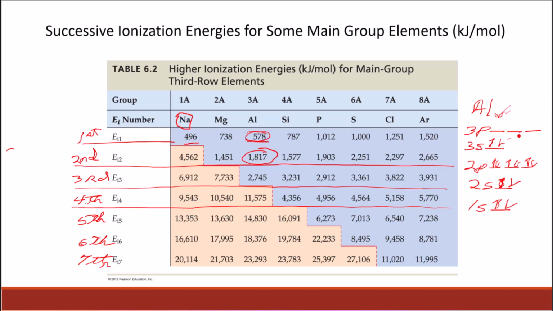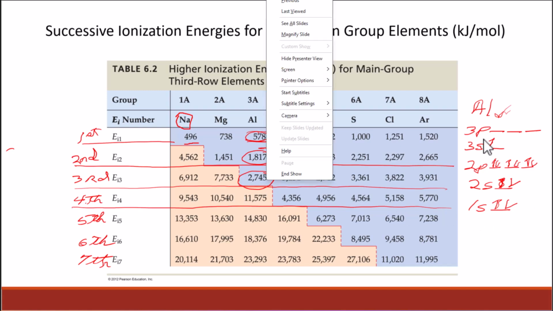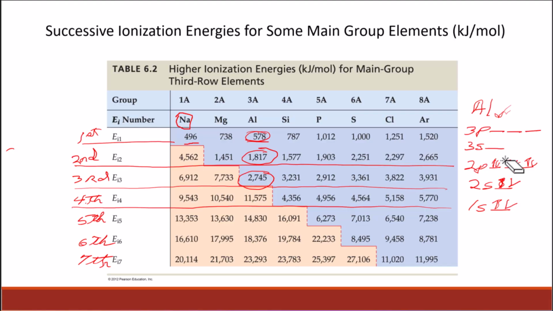But let's go ahead and remove one more electron from aluminum. And when we do that, now it's got that one electron left. And to remove that, remember, you've got 13 protons in the nucleus with aluminum. And so when we remove the third electron, it takes even more energy. And when it does that, we wind up with the electron configuration for neon.